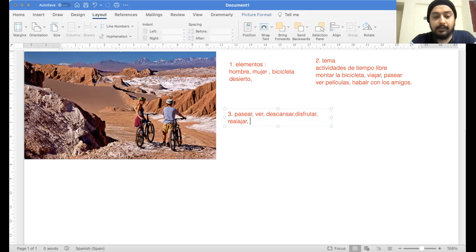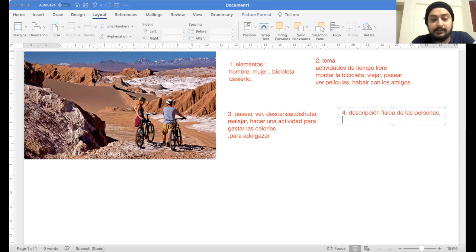Relajar, hacer una actividad para perder, para gastar calorías, to burn the calories, o para adelgazar. And you can also mention the first part on the bullet points: descripción física de las personas, llevar, tener, ser. We use these verbs, right?